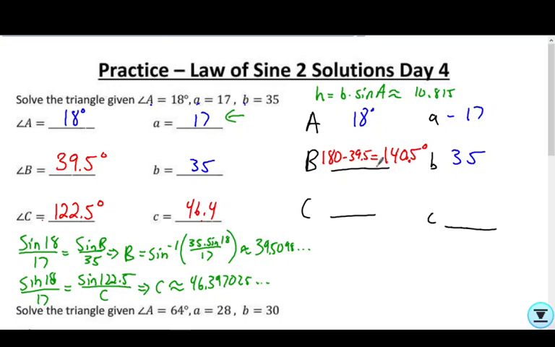Okay, and then again, finding angle C, we do the same thing. We're subtracting A and B from 180, and we get angle C, which is 21.5 degrees.